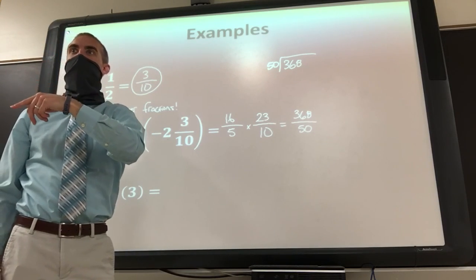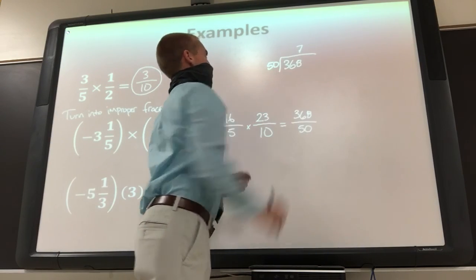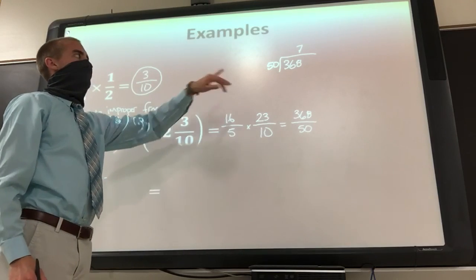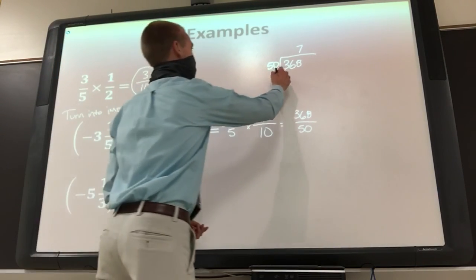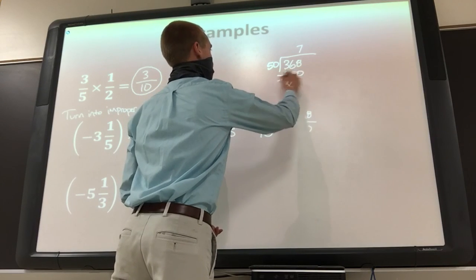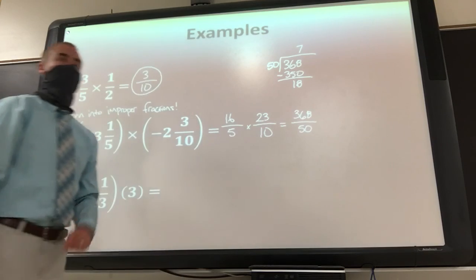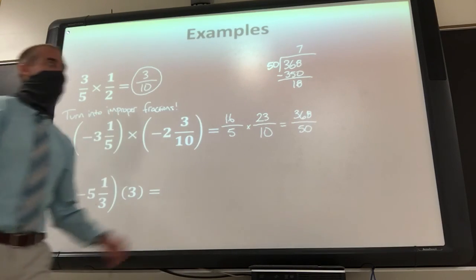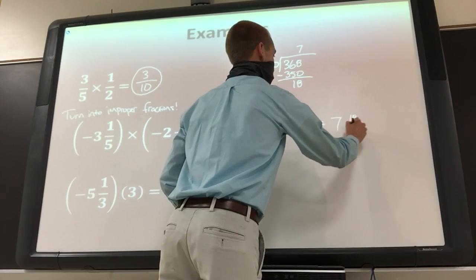That's it. 7 times. So the 7 is going to go over that 8. 7 times 5 is 35, so 7 times 50 would be 350. We're left with 18. So as a mixed number, this would be 7 and 18 over 50.